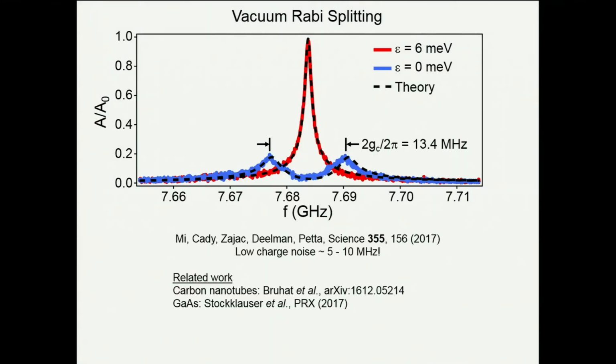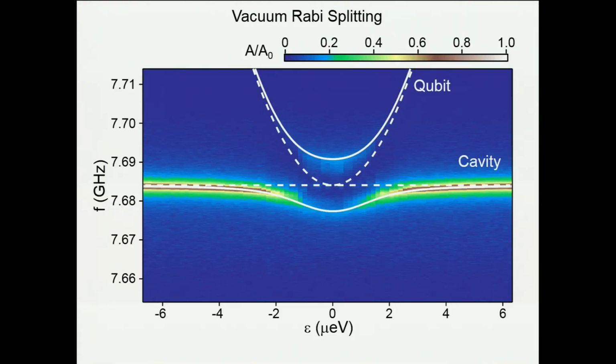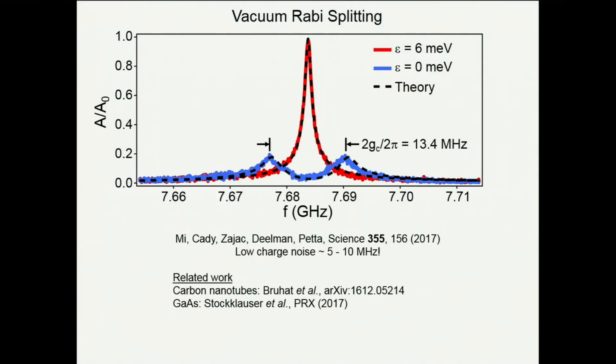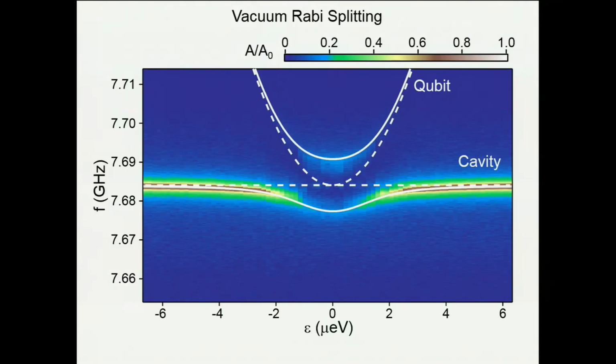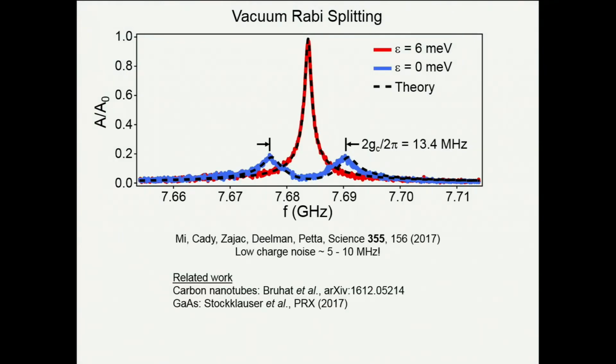You can take line cuts through this data, and what you can see is if you take a cut way out here, the qubit is off resonance with the photon and nothing really happens. You measure the transmission through the cavity and it's just Lorentzian. But when the qubit is brought into resonance with the cavity, light and matter hybridize, and you end up with this so-called vacuum-Rabi splitting.